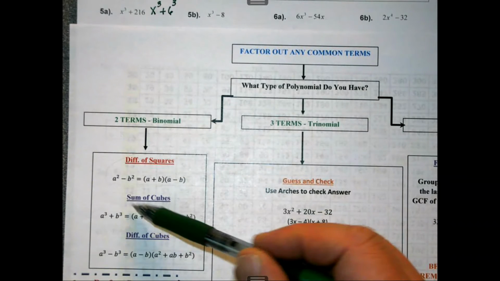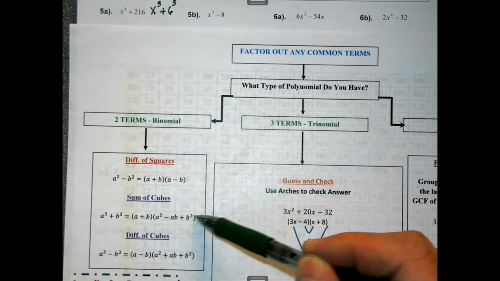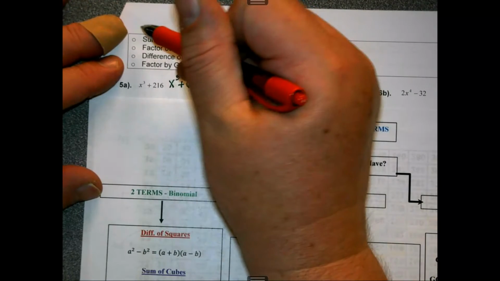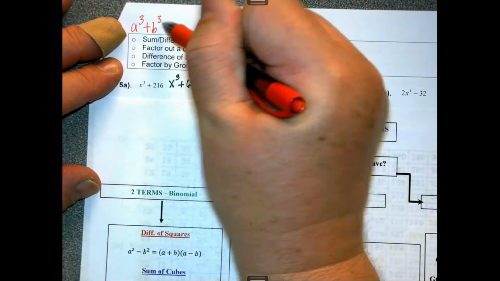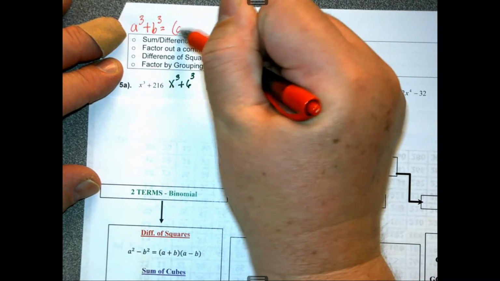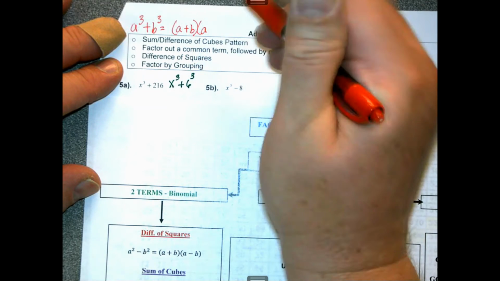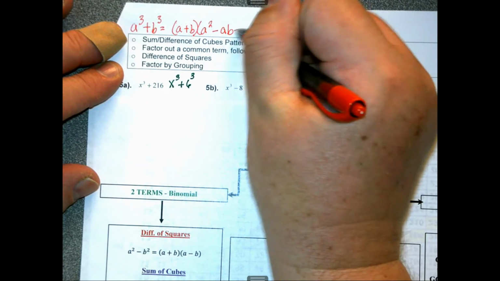So I'm going to use this factored form, where I have a sum of cubes. In fact, I'm going to write that down right here. a cubed plus b cubed equals a plus b times a squared minus a times b plus b squared.